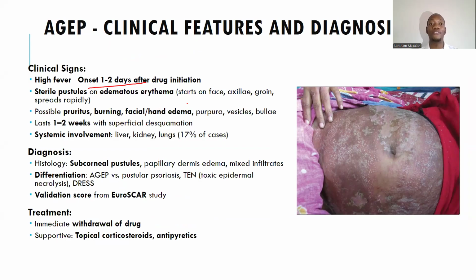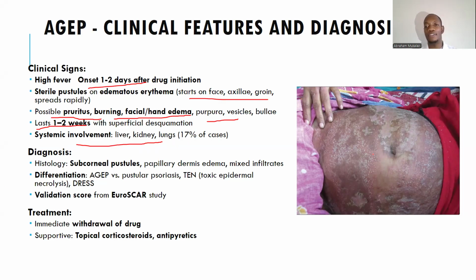edematous rash that oftentimes starts on the face, axilla and the groin, then it will spread to involve the rest of the body. It can present with itching, burning sensation, facial edema, papular vesicles, and bullae. The disease course lasts about 1 to 2 weeks, and then it will heal with desquamation. Sometimes you have involvement of the liver, kidney, and the lungs in about 17% of the cases.